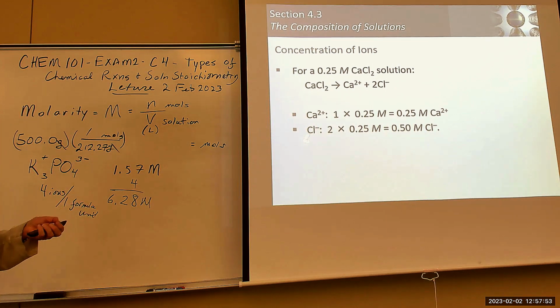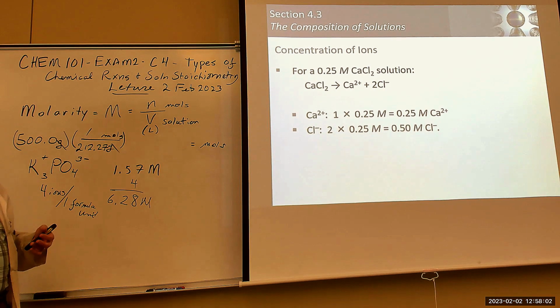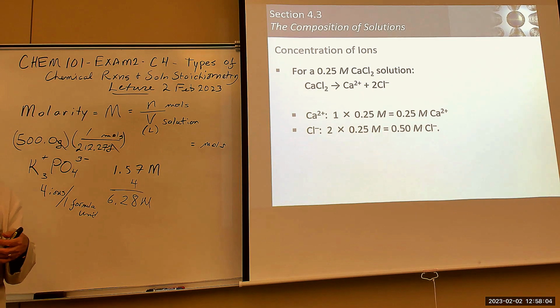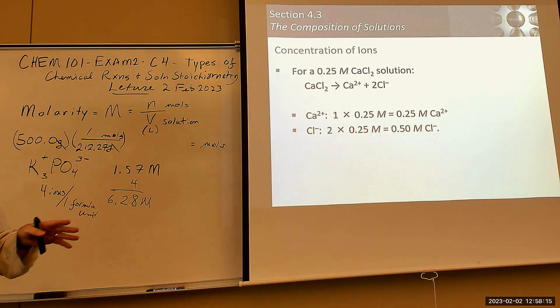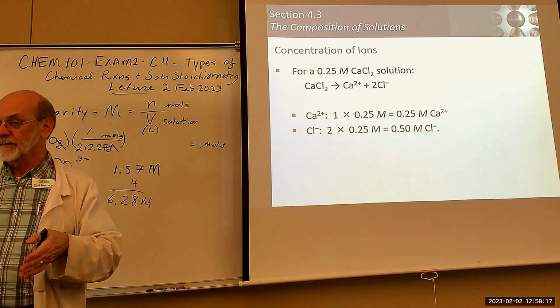But the chloride ions are now 0.5 molar. That means total molarity is 0.75. 3 ions at a concentration of 0.25 for the whole molecule gives you 0.75 molar in ions. That same molar concentration for sodium chloride would only give you 0.5 molar in ions.